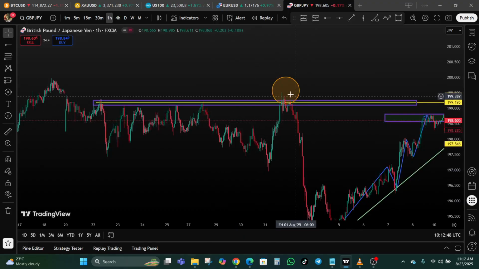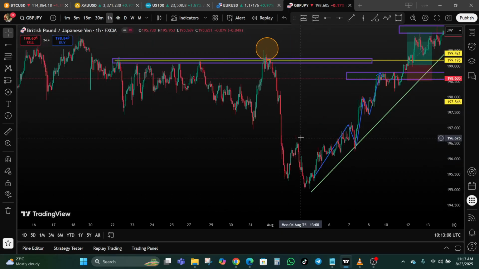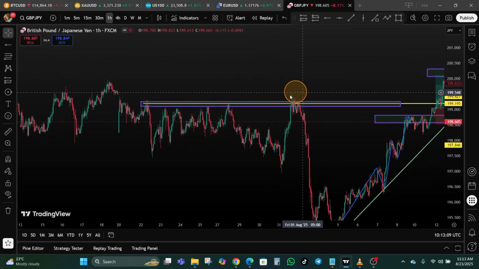In that case, it could be that smart money is just grabbing liquidity. Those that would have set buy stops above here probably got triggered and then ended in loss. Those that would have entered a sell trade and set their stop loss around here, their stops would have been hit and price reverses back in their direction. So all these things are signs of smart money trying to grab liquidity above highs or below lows.